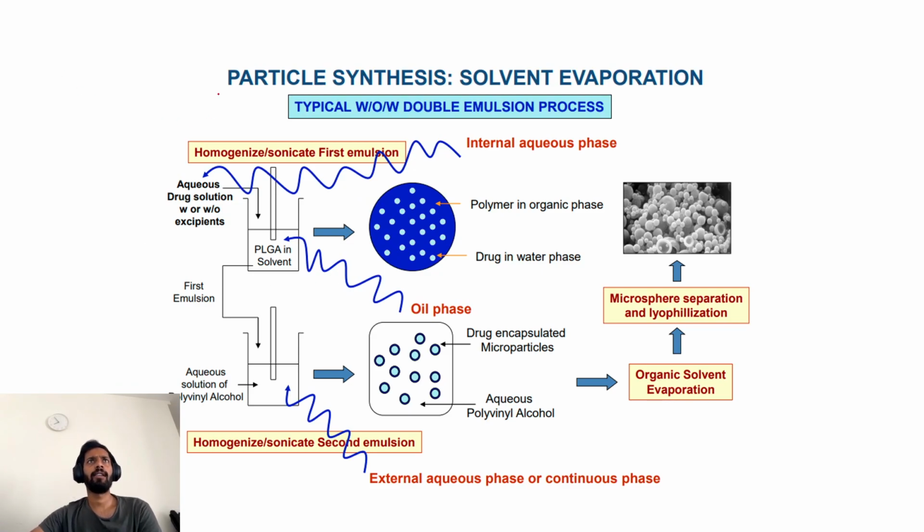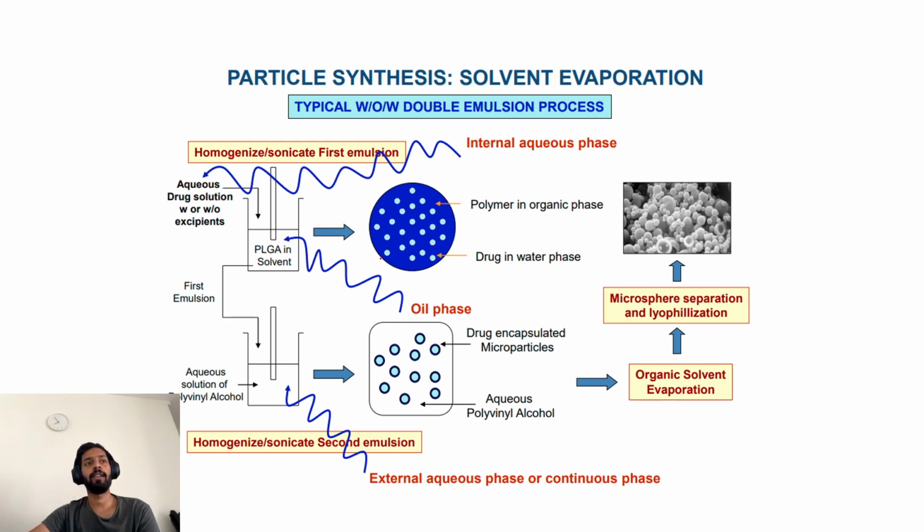I'll not talk much, but this is a water in oil in water double emulsion process wherein you have this aqueous drug solution with or without excipients that you pour into PLGA solvent, which is the oil phase. Then you can pour this solution into an aqueous phase, which is polyvinyl alcohol.